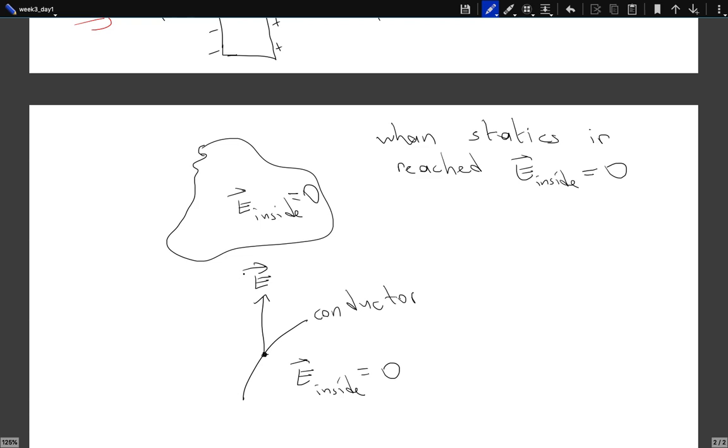You see, what will happen? I can imagine a coordinate axis at that point, one perpendicular to the surface, the other one tangent to the surface. Now, this electric field will have a tangent component. Let me call it E parallel. It's parallel to the surface, and a vertical component.